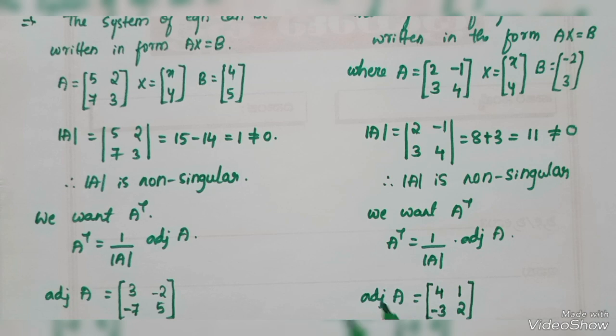Now we get the adjoint of A. Again substitute the adjoint of A in this equation. A inverse is equal to 1 by determinant of A, which is 11, into the adjoint matrix, that is 4, 1, -3, 2.